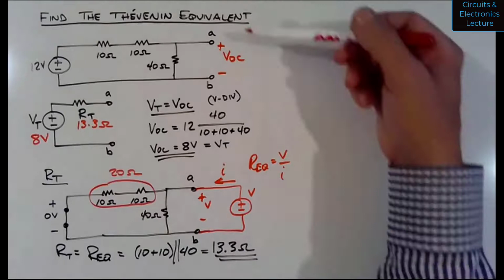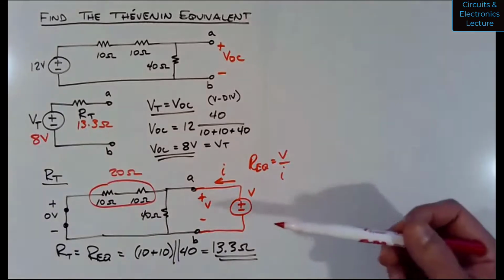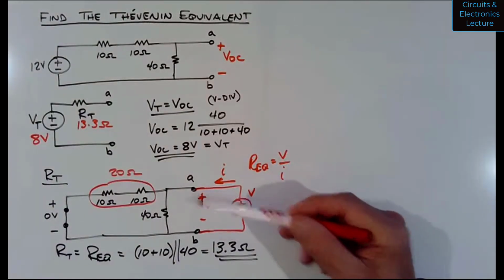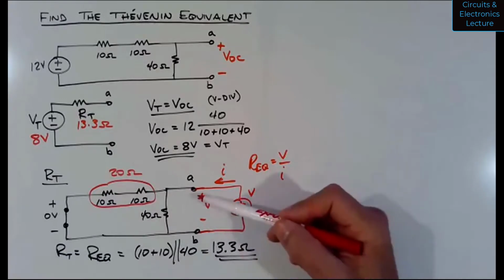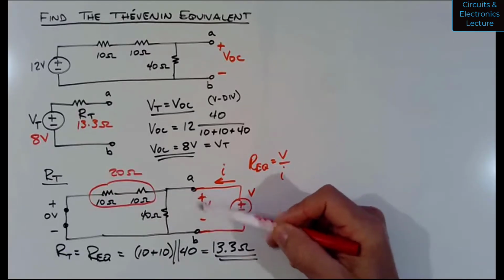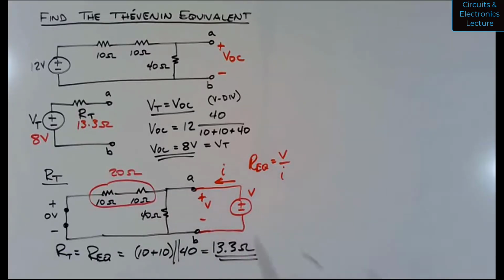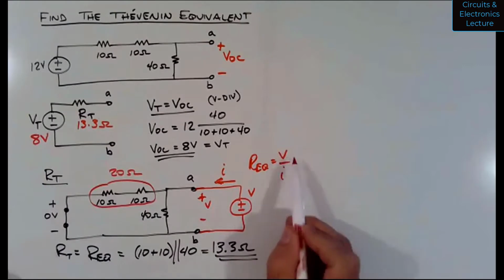Now, for the Thévenin equivalent, that's what you're doing. You're calculating the equivalent resistance between A and B. So to do that, you would be applying voltage, measuring current, and calculating V over I.